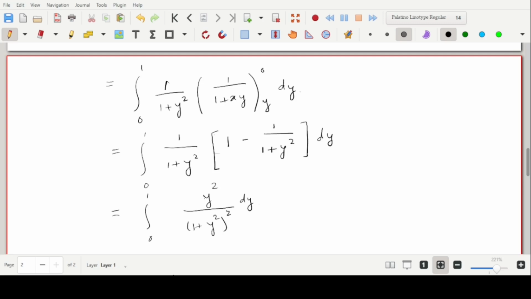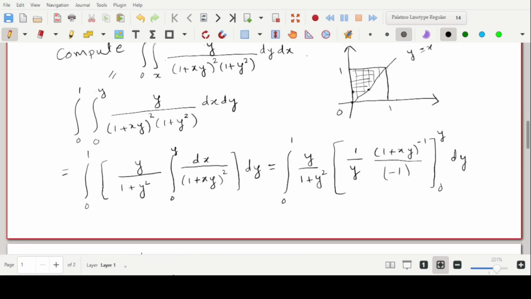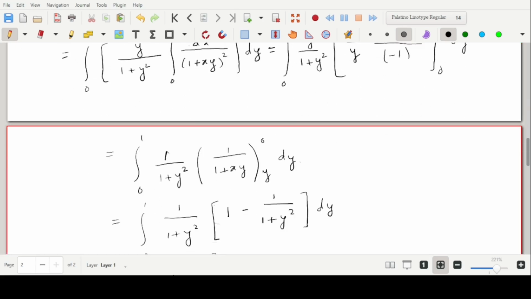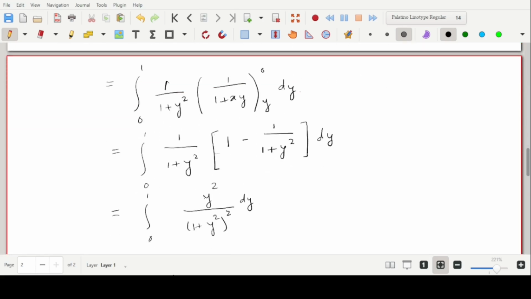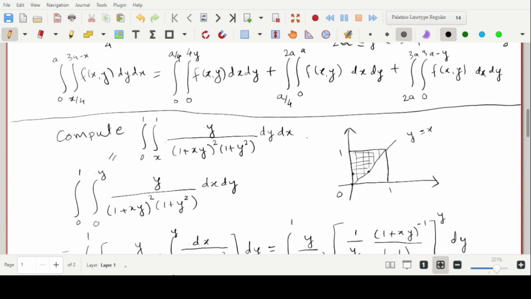But the reason why we did it is to show that if we change the order of integration, the process of integration becomes much simpler. Had we tried integrating with respect to y initially, it might have become very messy and extremely difficult to solve.